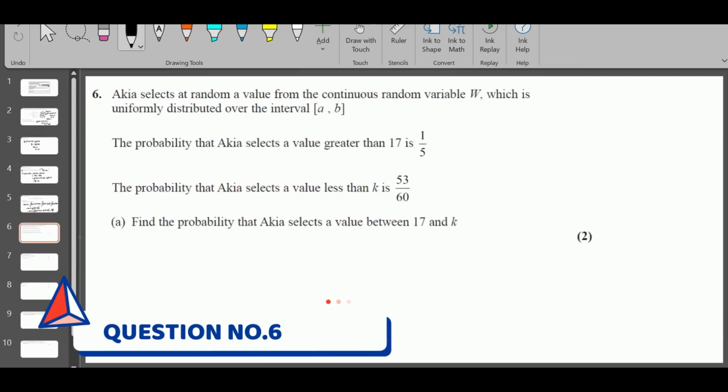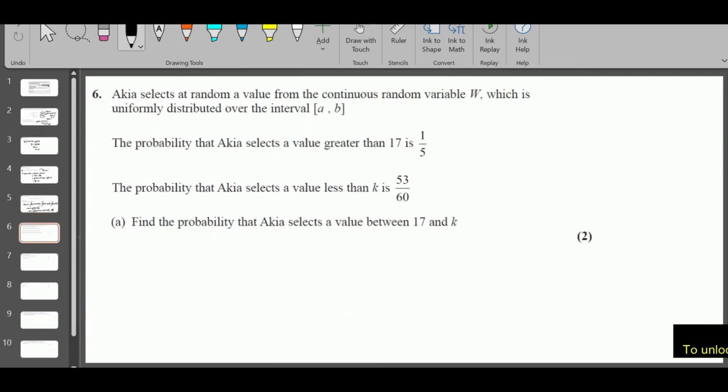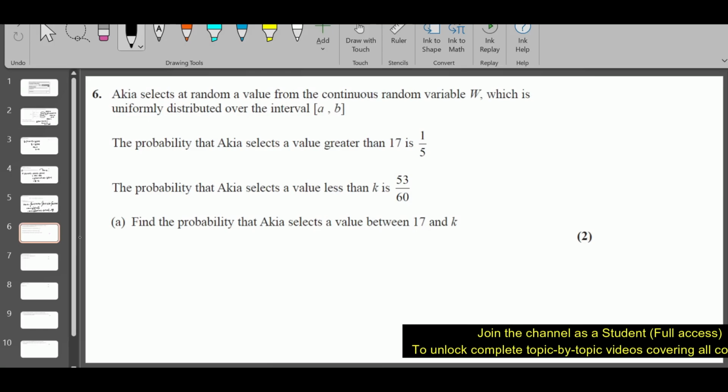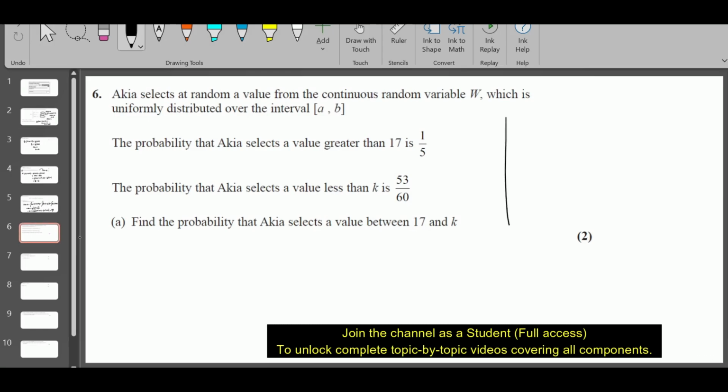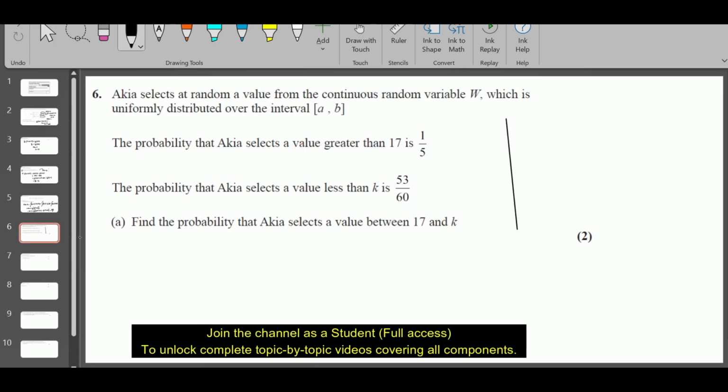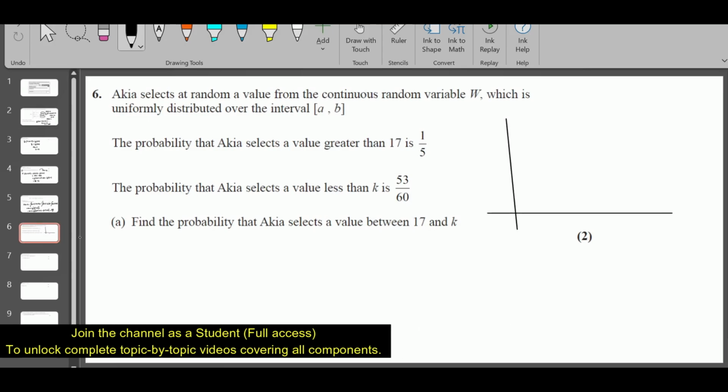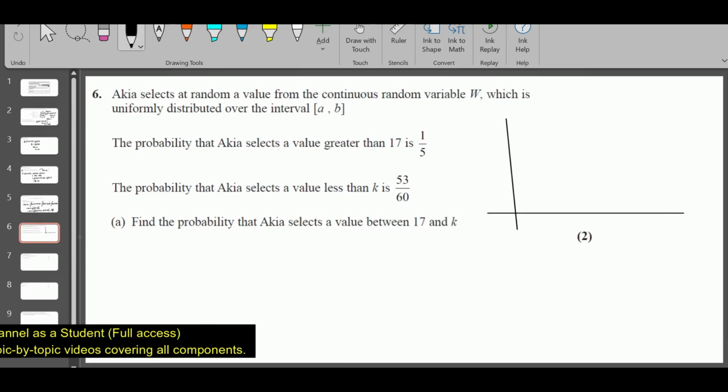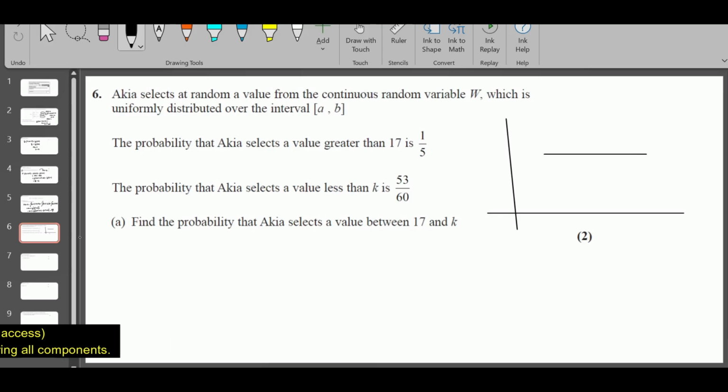Akia selects at random a value from a continuous random variable W which is uniformly distributed over a comma b. Okay, so we can draw a little figure. So it should be a to b.